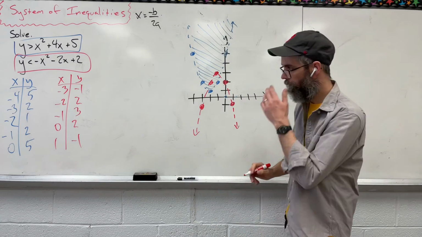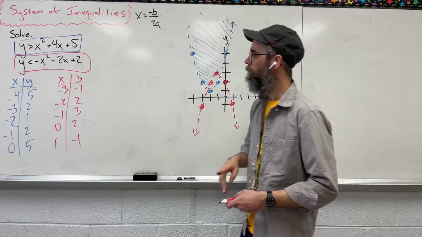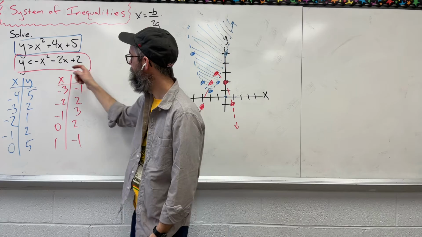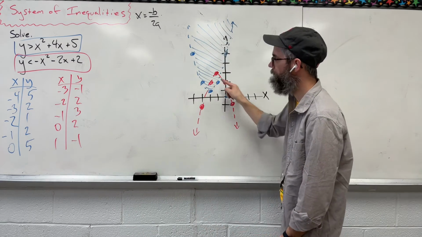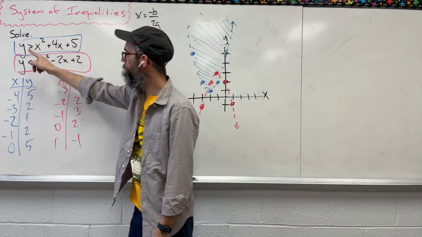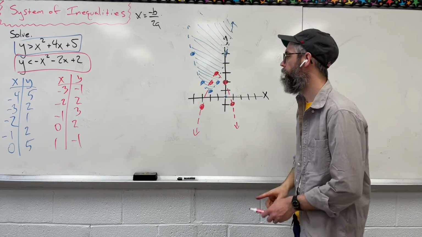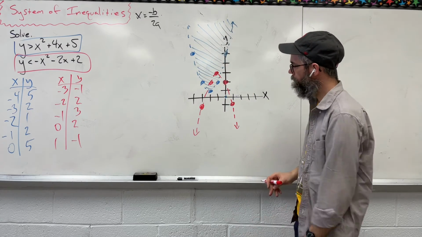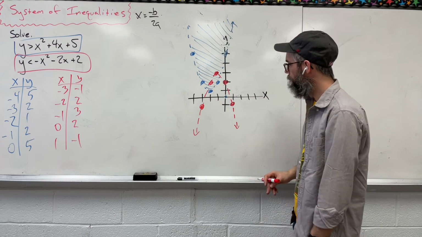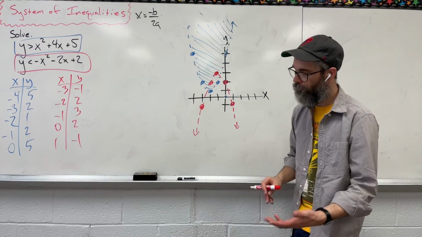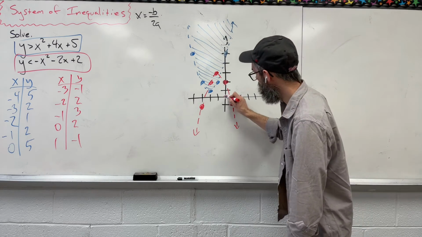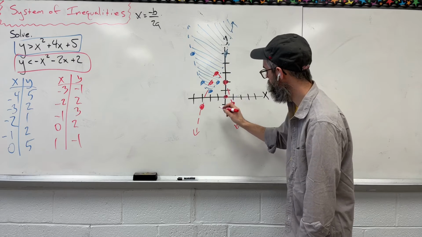And another check as to, do we got the right thing going on? Well, we have a negative out front, meaning this graph is going to open down. There's a positive out front here, meaning we've got the regular U. That's good. All right, let's shade. Pick a point, any point, as long as it's not on the red dashed line. Again, I like this 0, 0 in the middle.